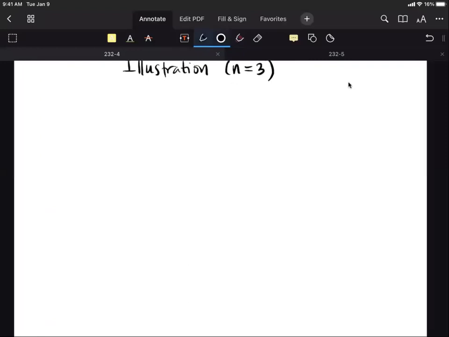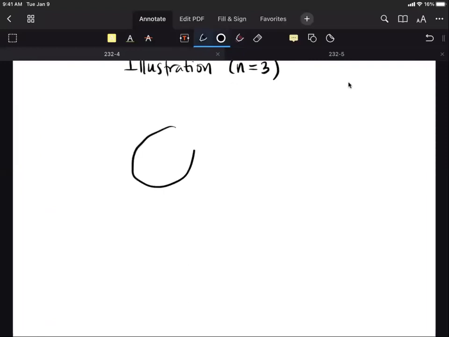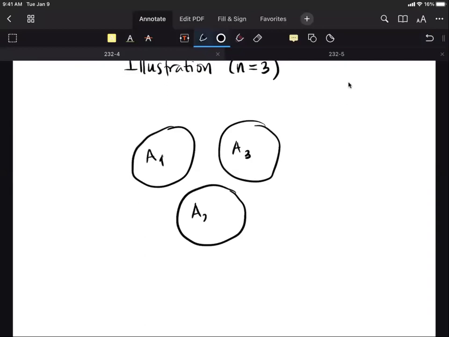So n equals 3 means that I have 3 pairwise disjoint sets A1, A2, and A3. So let us put the labels here. A1, A2, and A3. And let's say I have another set, let's say E.